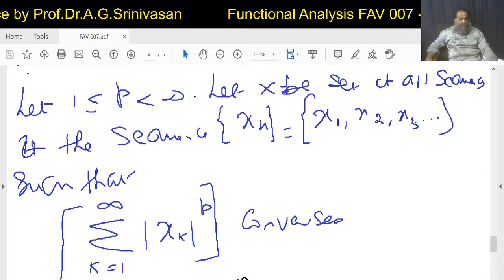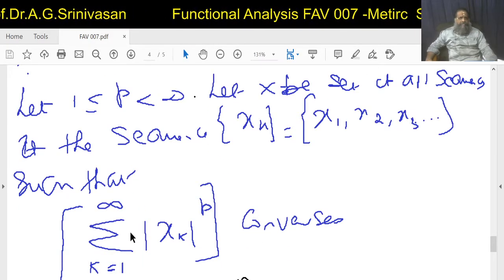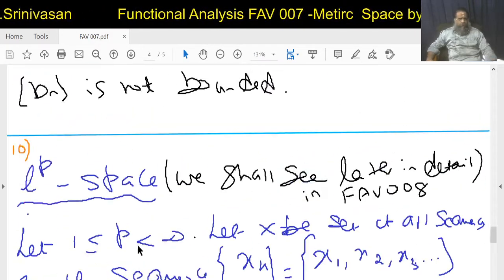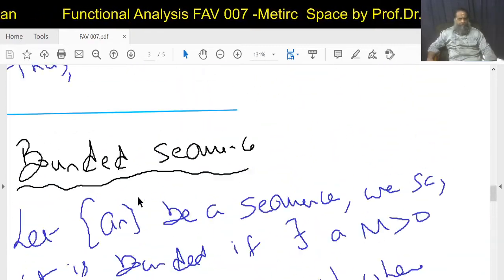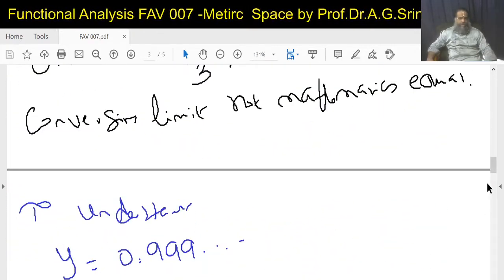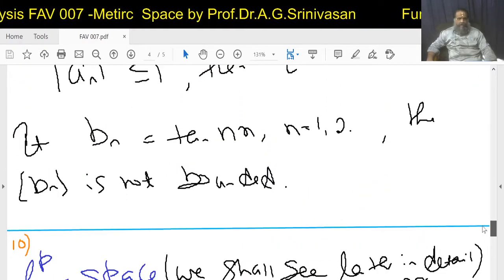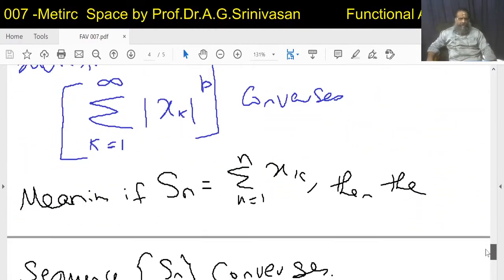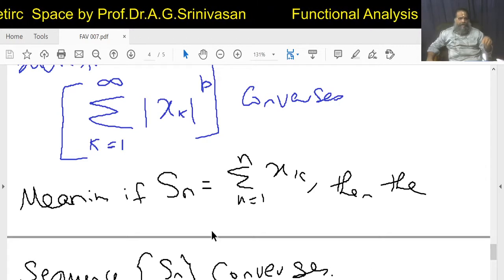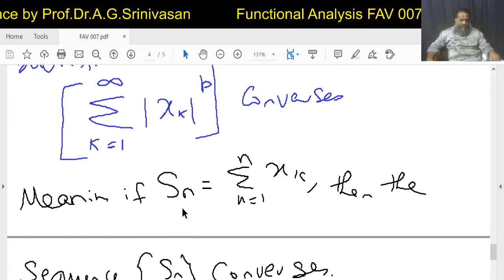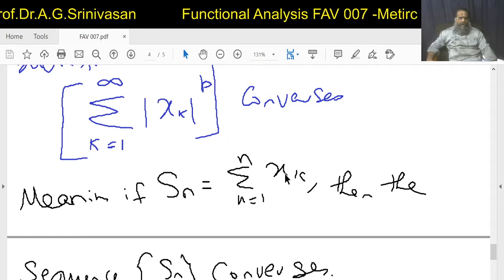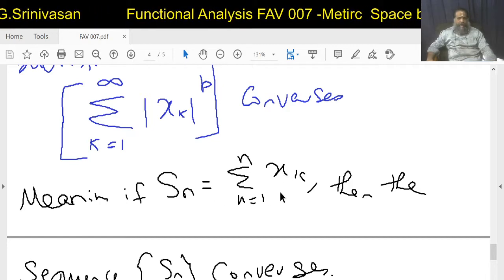Now, what is meant by an infinite series converges? What I have defined is sequence convergence. We talked about sequence convergence here. But what is series convergence? I am not going to explain series convergence in detail at this moment. So I define the partial sum Sn as sigma k equal to 1 to n of xk. What is S1? X1.